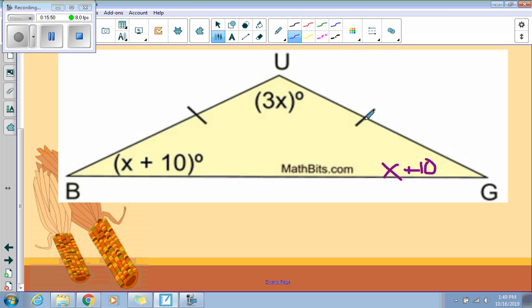And we know triangles have 180 degrees, so we're going to add them all together. x plus 10 plus x plus 10 plus 3x equals 180 degrees. Here you could go straight to Desmos and type it in, or you could solve algebraically. But you're going to get x to be 32.